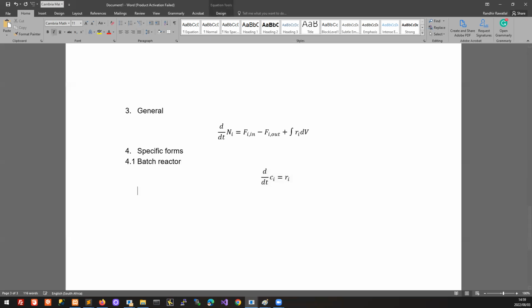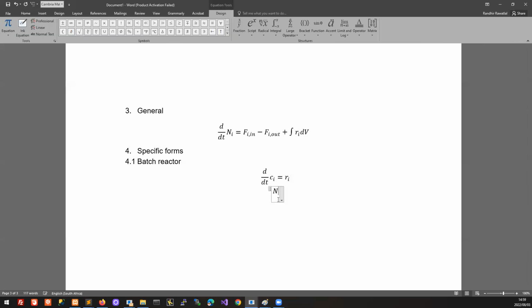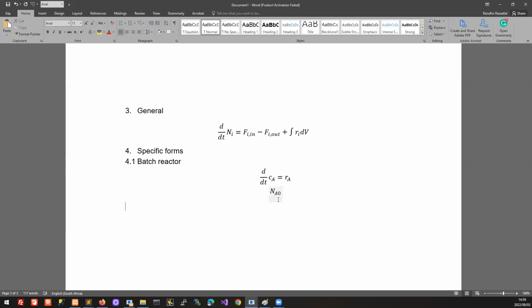So let's see, how would we write this in terms of initial amounts? We would have a certain initial number of moles in the reactor, N_A0. Let's say we are doing all this for component A, right? So N_A0, and then we would say the current number of moles N_A equals N_A0 times (1 minus X).